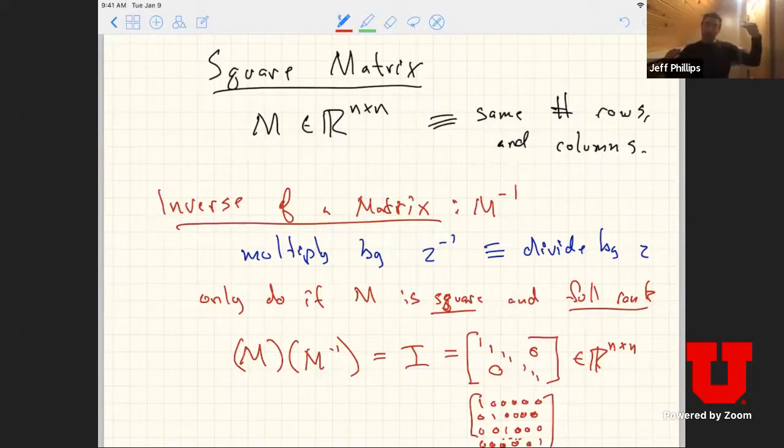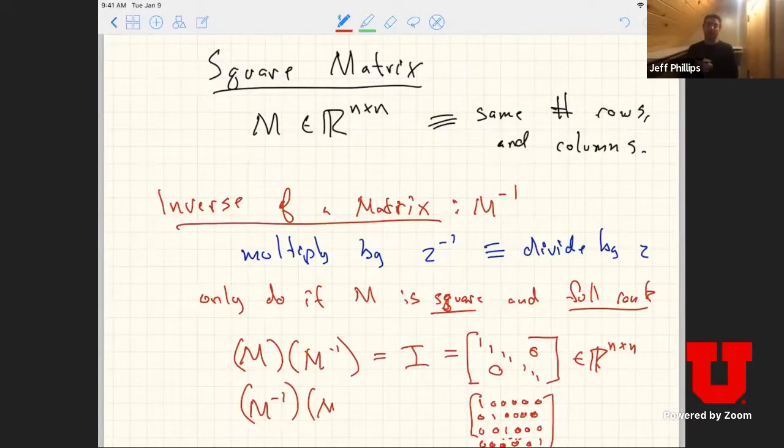There are only ones on the diagonal of the matrix, and this kind of represents 1. Like if you multiply 2 by 2 to the minus 1, or 2 divided by 2, you get just the scalar 1, and this is the generalization of that for a matrix. Because of that, it's also true that the matrix inverse times the matrix is equal to the identity.